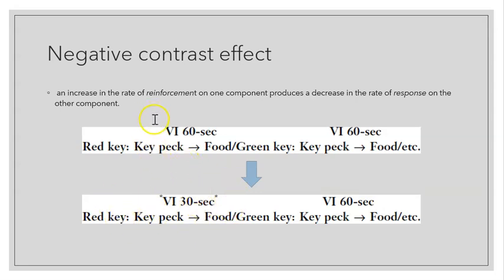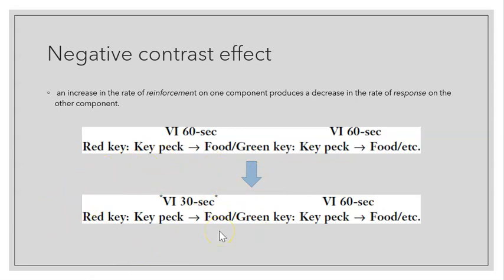So if this was, say, a fixed ratio of 60 pecks versus a fixed ratio of 30 pecks, obviously with 30 pecks, we get more food available on the red key than the green key, okay? So here, the green key stays the same, and the red key has more reinforcement available.